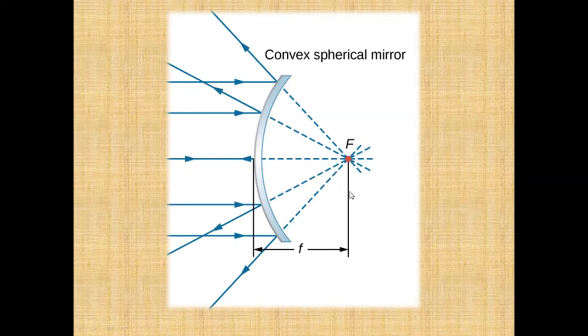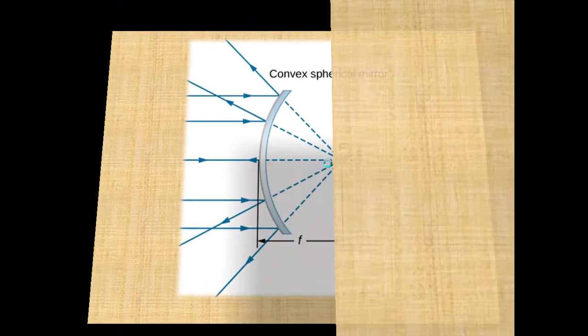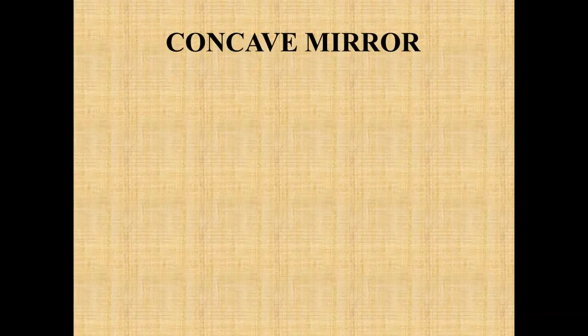That is why it is known as the virtual image. And you can see the size of this image is very small, so it is diminished. So when the surface of the mirror is bulging outside and it is a diverging mirror and forms a virtual and erect image, in that case the mirror is known as the convex spherical mirror.